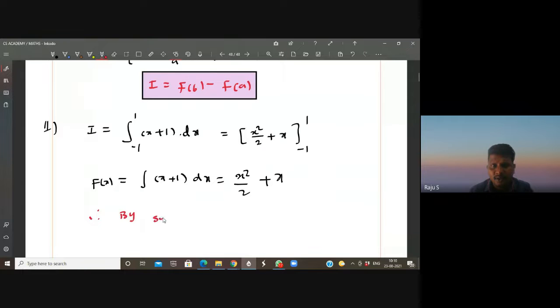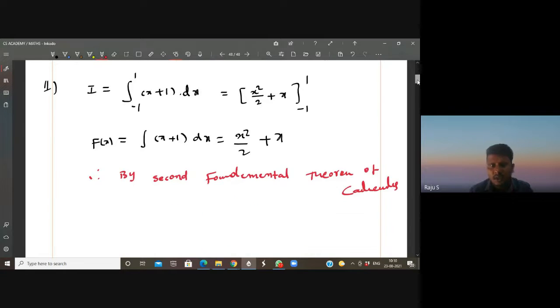This theorem is called the second fundamental theorem of calculus.